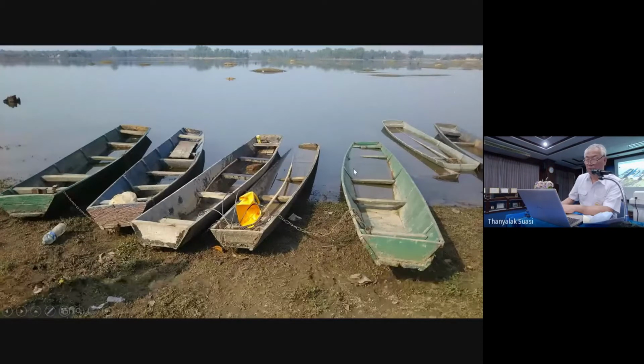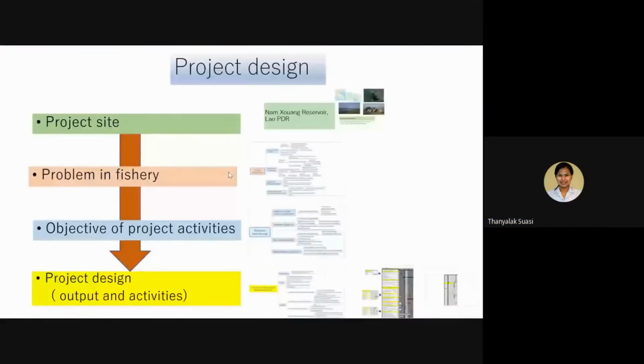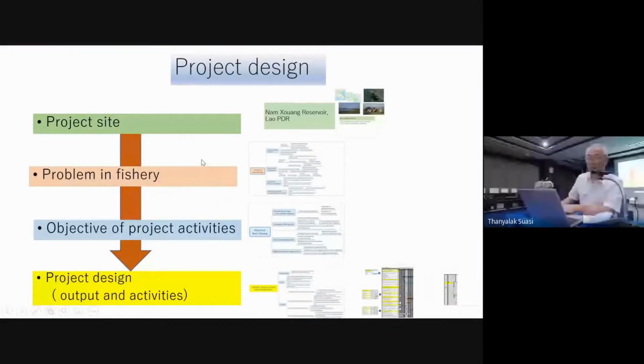And also the same way to create the project design. First, clarify what the problem is in the fishing village.